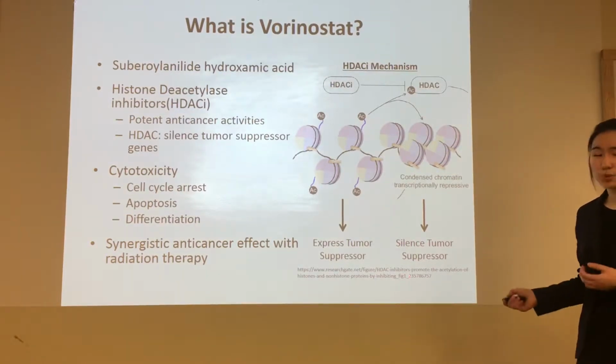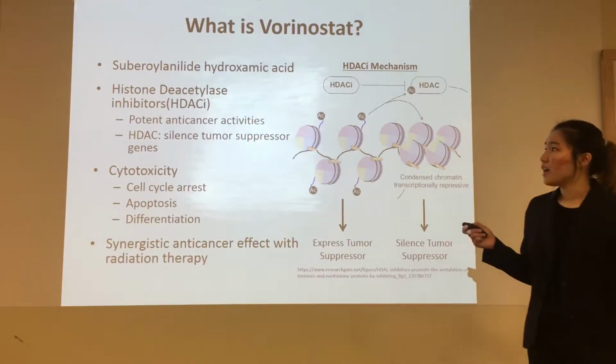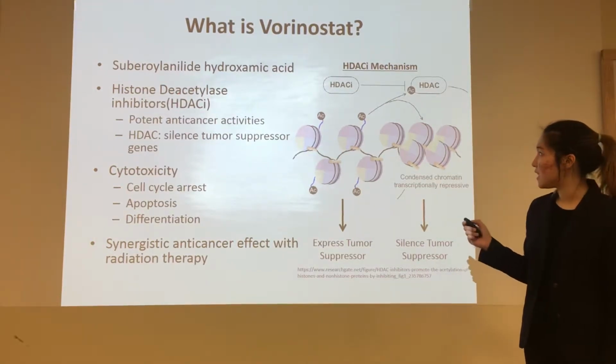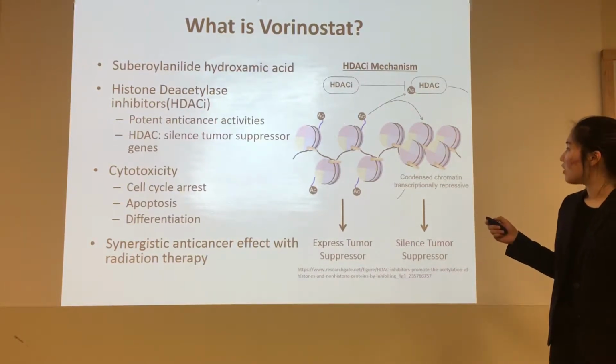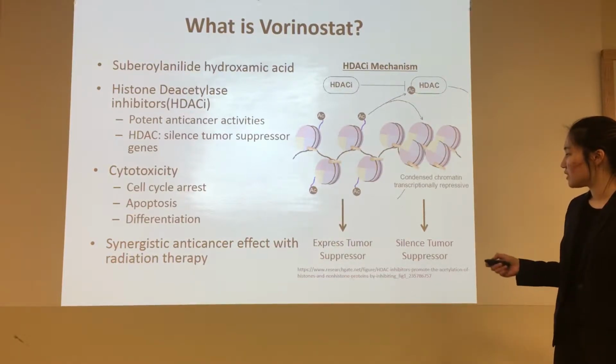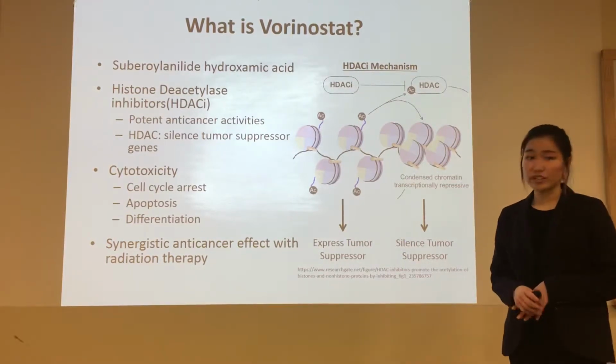And this will lead to proliferation of cancer cells. However, a histone deacetylase inhibitor comes in and blocks the histone deacetylase and allows the genes to be expressed, producing tumor suppressors and inhibiting cancer cell proliferation.